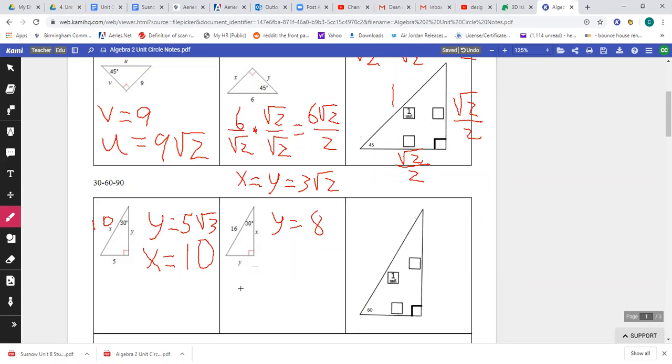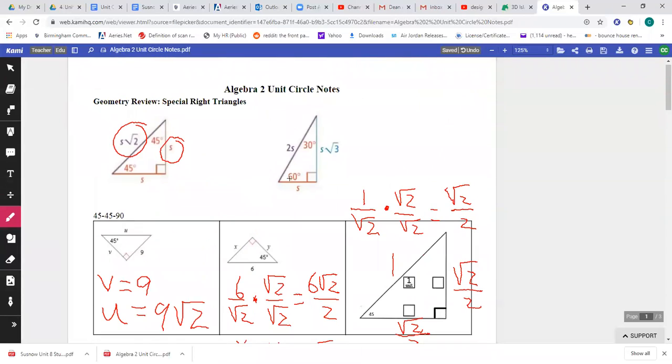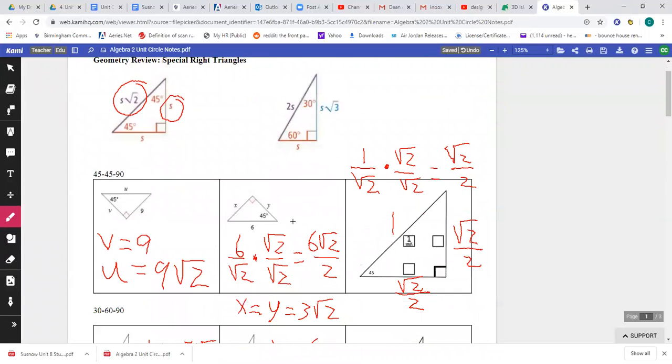It's half of 16. And then x, you just multiply the short leg by root 3, 8 root 3. So that's what we did on Monday. If you missed the video on Monday, you just have to realize that these were the real triangles from geometry that you learned, and they have this special relationship.